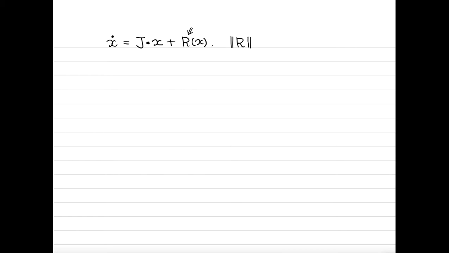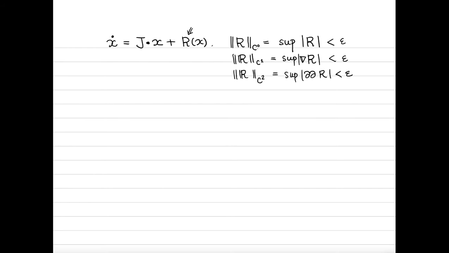So we will show the supremum norm of r is small and bounded, and we further assume that the supremum norm of the second derivative is also bounded, is small, which means that we are assuming r to be a C2 function at least.